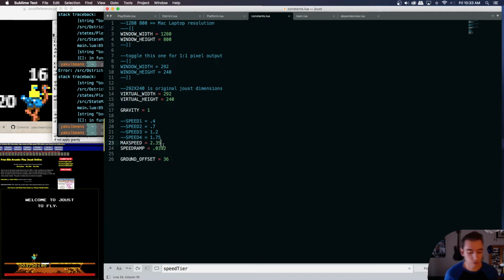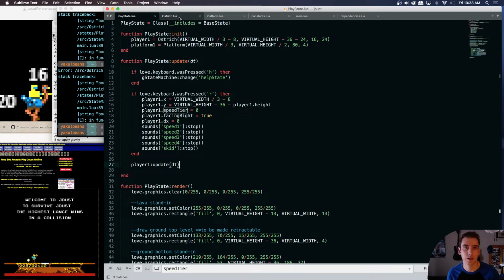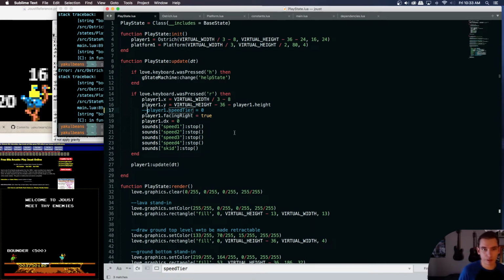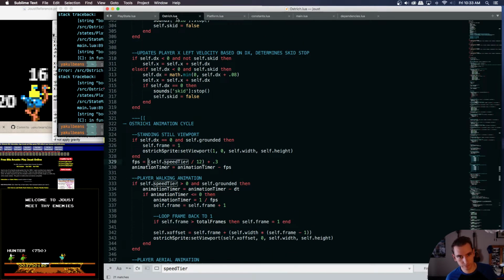But you know what? Maybe the animation cycle at 2.35 looks fast enough, because it was hard to say when I was testing what was game accurate. Oh, I just realized, I should probably go check other functions for speedTier. Well, I guess the Lua will yell at me because speedTier is no longer there.